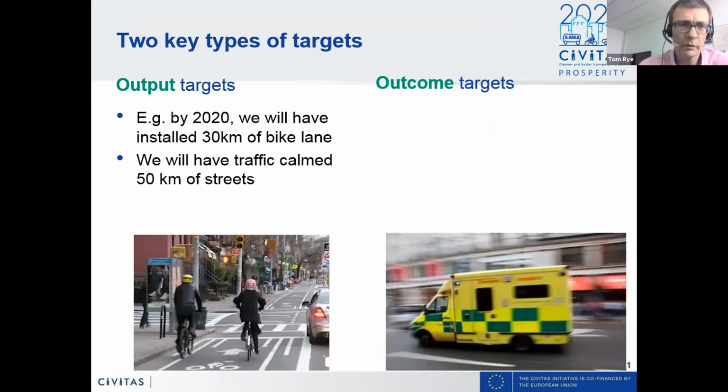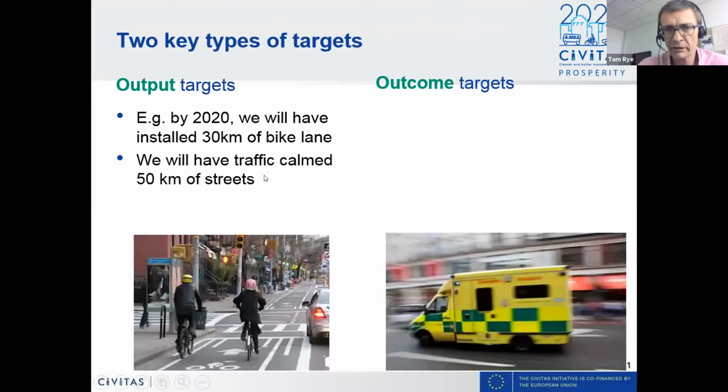The key point about the output target is that it's something that the implementing body, usually the city, can itself do and control. So the amount of bike lane that is installed is essentially a product of what the municipality does, how much money it spends, and where it chooses to spend that money.